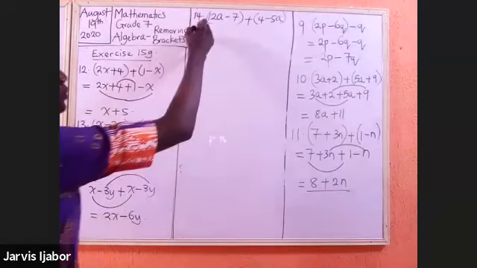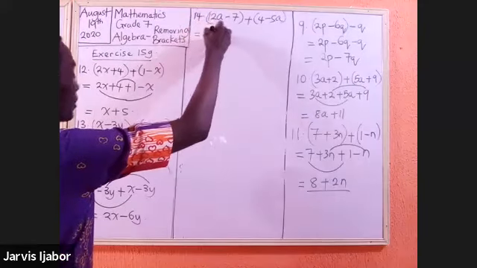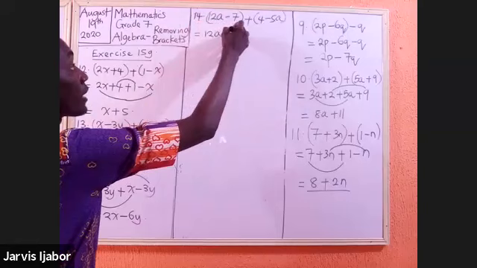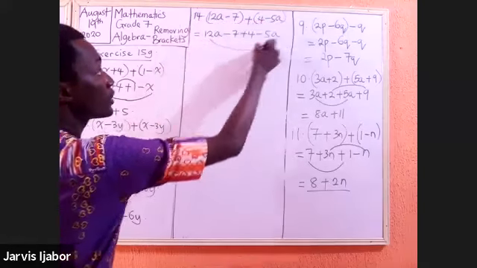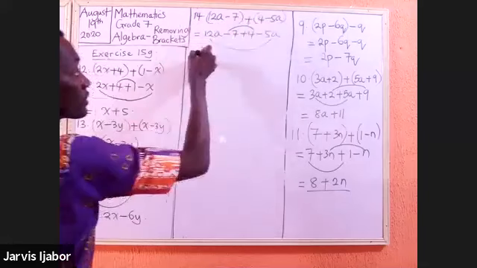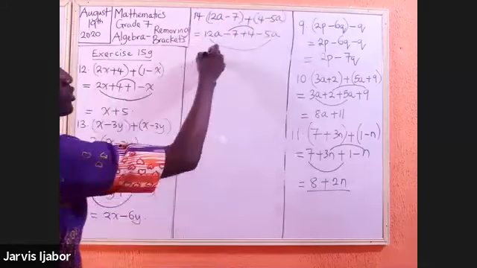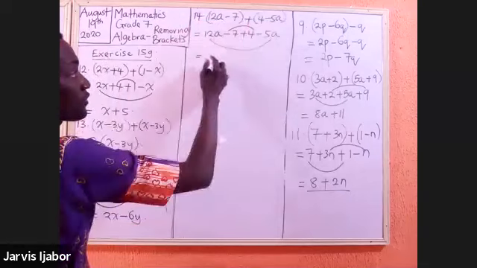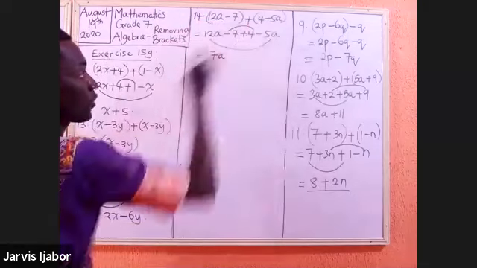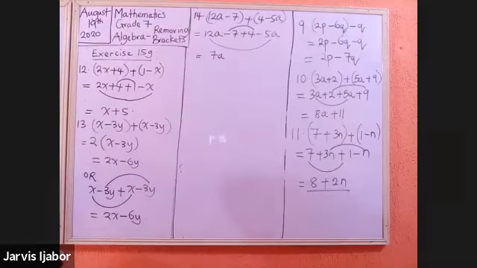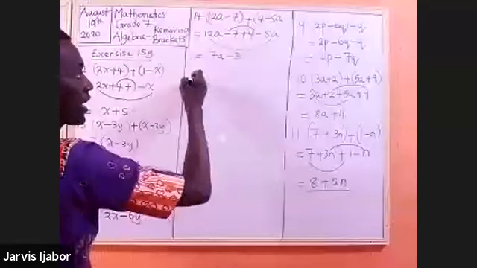This will be 12a minus 7 plus 4 minus 5a. This will go with this, and this will go with this. So what does that give you? That will give me 12a minus 5a, which will give me 7a. Negative 7 plus 4. Negative is higher, so that will give me negative 3 as my answer.